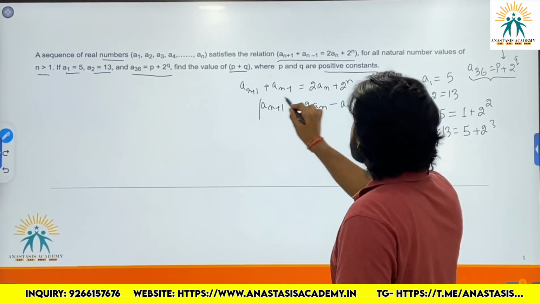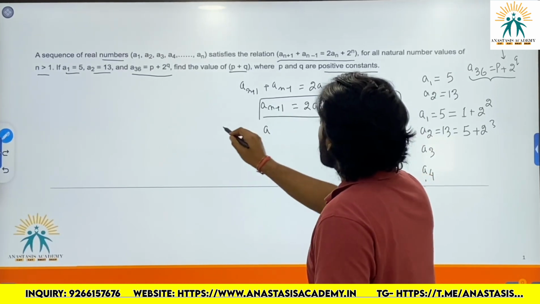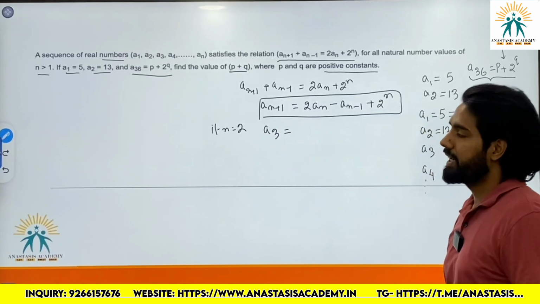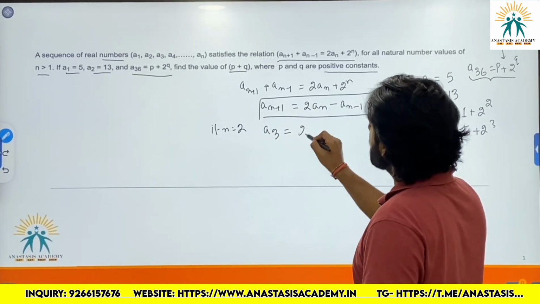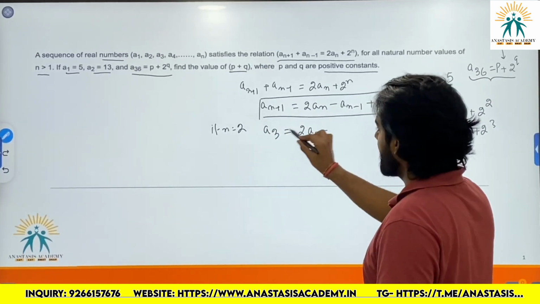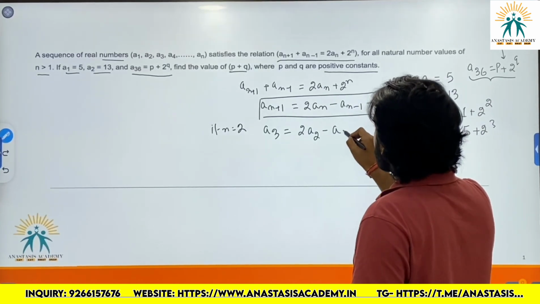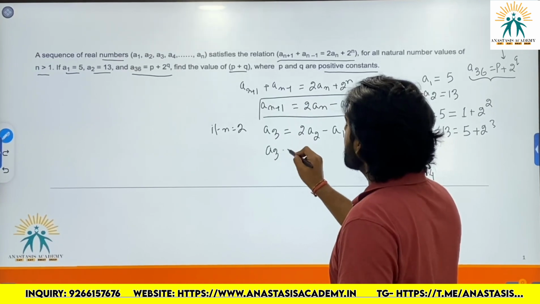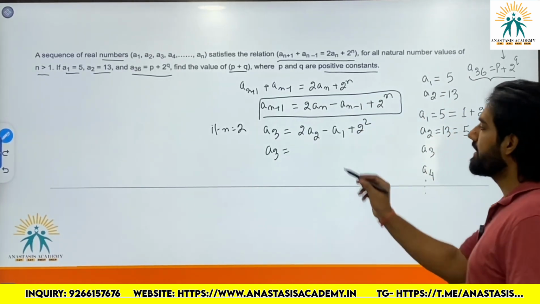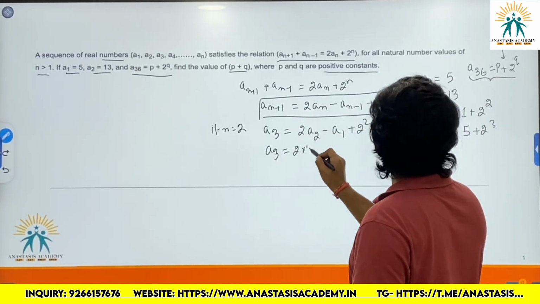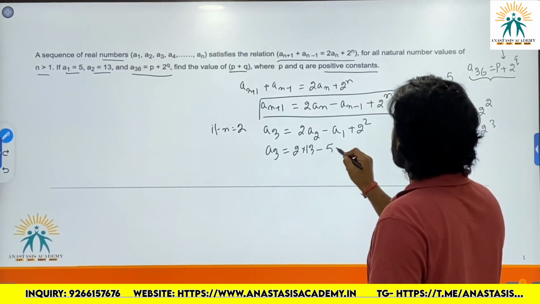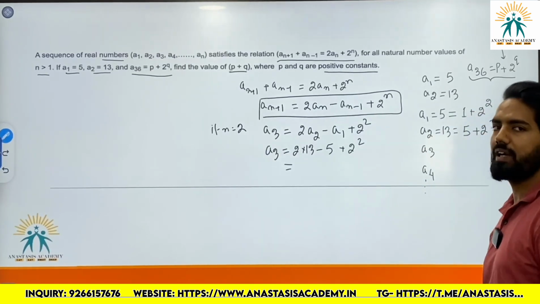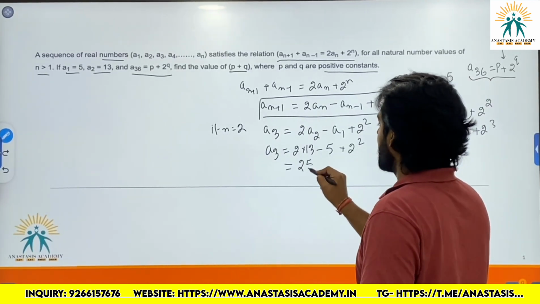If I put n equal to 2, I get the value of a3. a3 is equal to 2 times a2, the previous term, minus a1, plus 2^2. I can find a3 because I have the values of a2 and a1. So it becomes 2 into 13 minus 5 plus 2^2, which is 26 minus 5, 21, plus 4, is 25.